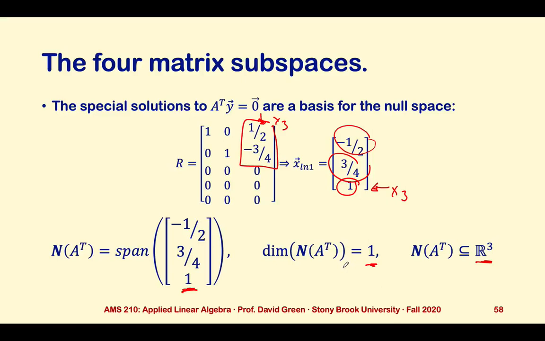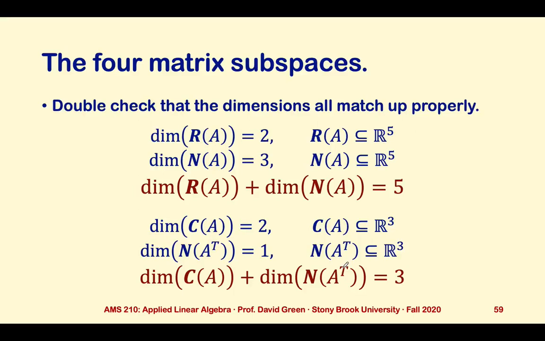It's always a good idea to just do a couple of sanity checks to make sure that we didn't make silly mistakes. Double check the dimensions and make sure they all match up properly and that the sizes of the vectors all make sense. Remember that the row space and the null space live in the same parent space and have dimensions that have to add up to the dimension of that. They both were subspaces of R5.